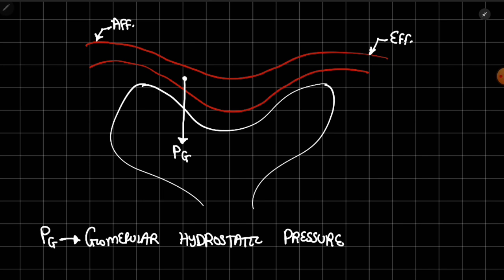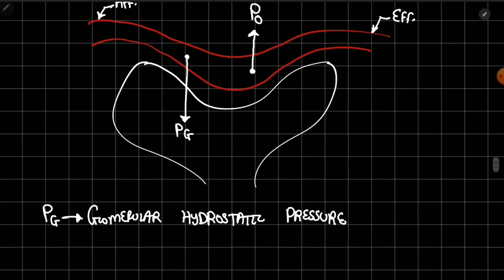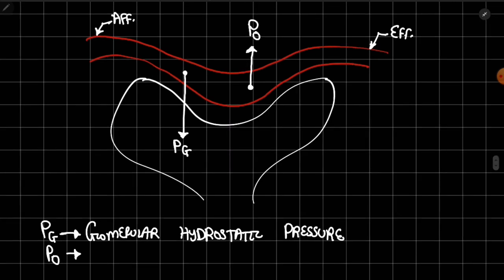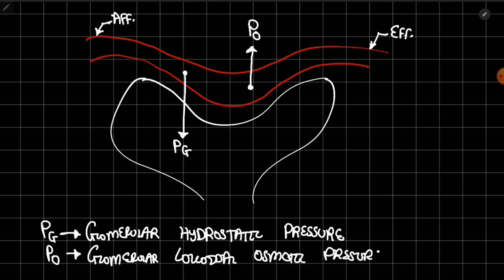Now there are also proteins present in the blood capillary, and these proteins exert an opposite pressure. They will hold the water. Let it be represented by pi O, which is the glomerular colloidal osmotic pressure. So the proteins will prevent the filtration.